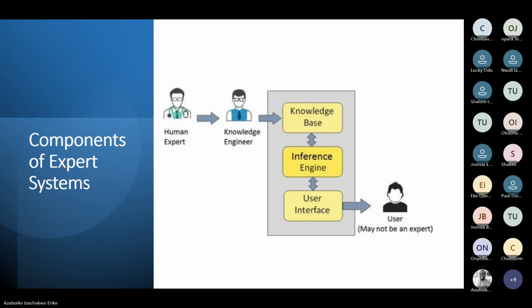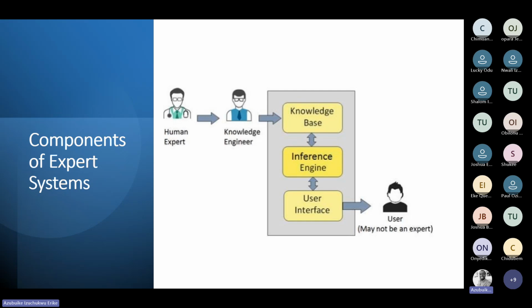Okay, now when we talk about expert system, what do we see? I want to believe that you are seeing this picture very clearly. Okay, so we now want to talk about the core components of an expert system.